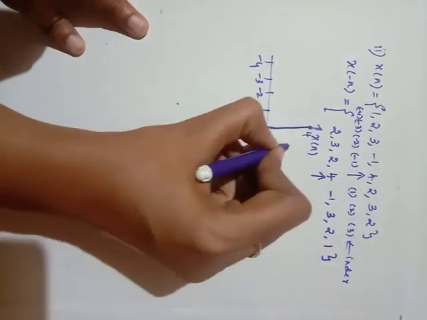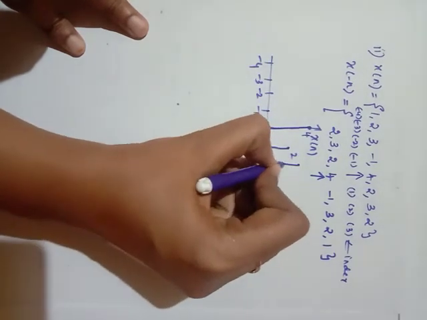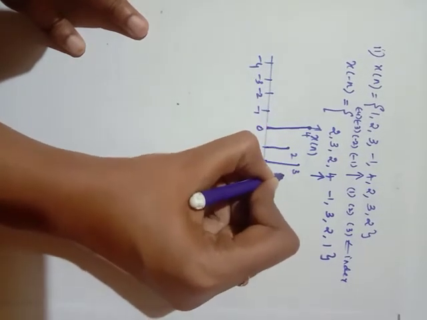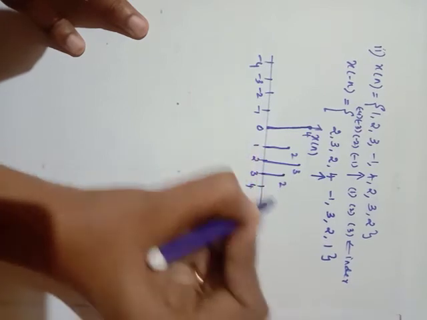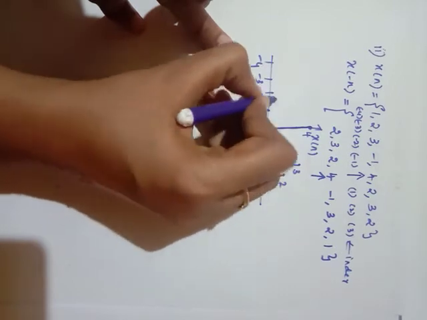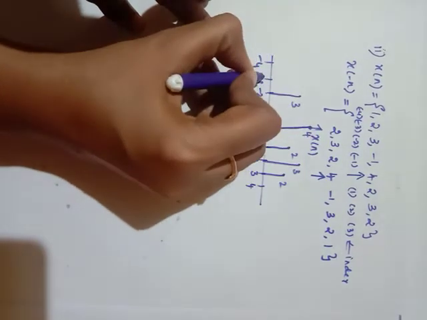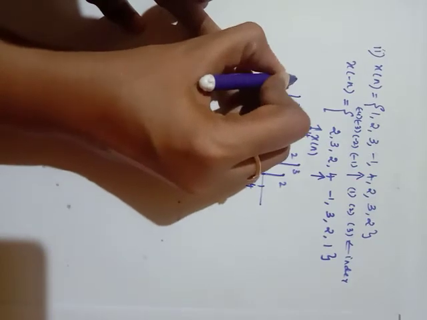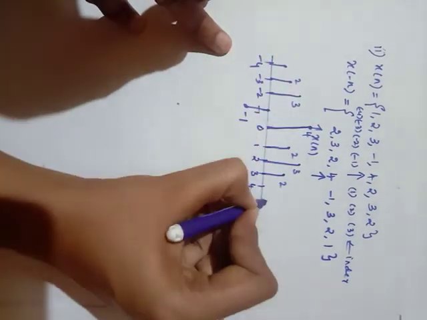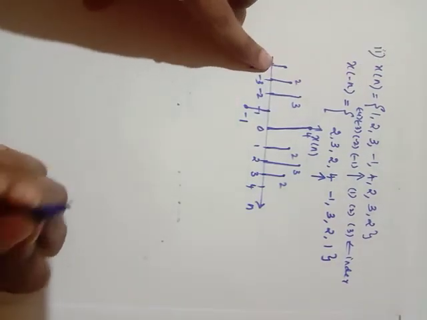So at 1 it is 2, at 2 it is 3, at 3 it is 2, and here at minus 1 it is minus 1, at minus 2 it is 3, at minus 3 it is 2, at minus 4 it is 1. So this is the graphical representation of x of n.